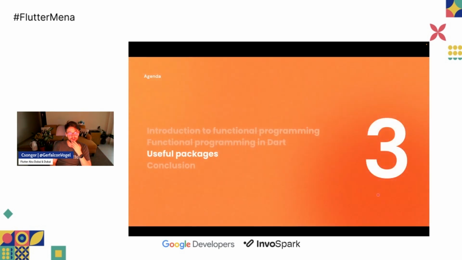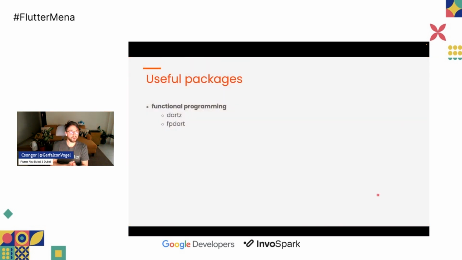Okay, so what can you do to avoid ending up with this scenario? One thing we can consider is checking what the community provides as a solution to our problem. Let's take a look at some useful packages. If someone wants to use functional programming in their upcoming project, they can consider using dartz or fpdart.